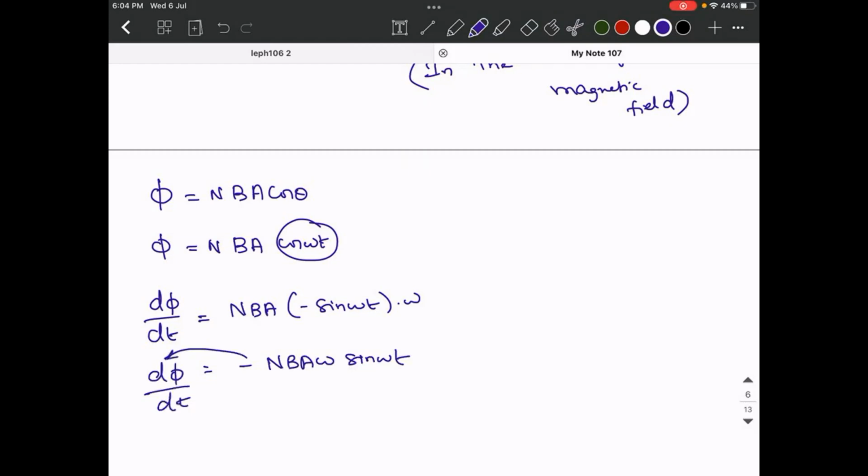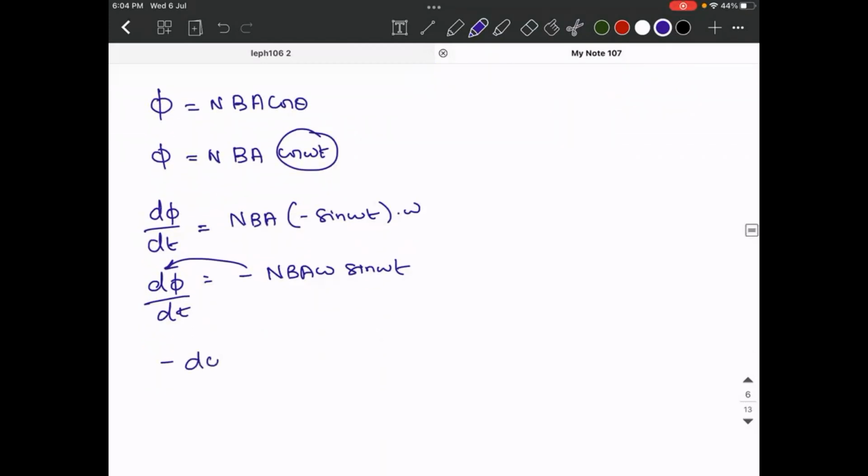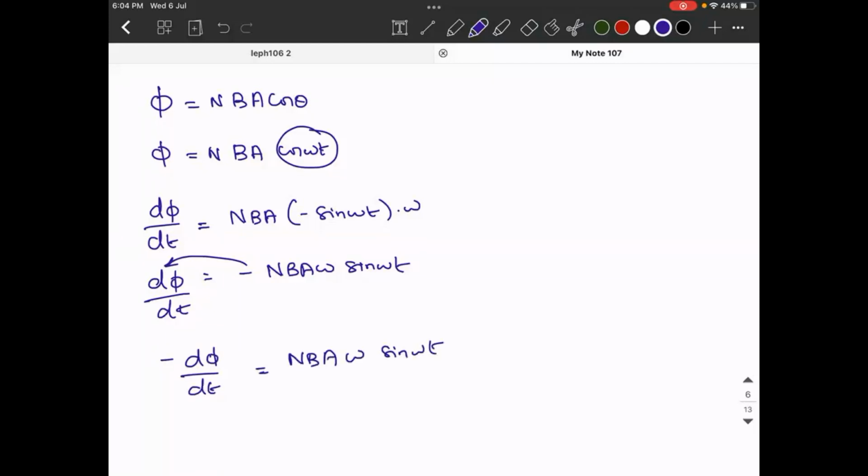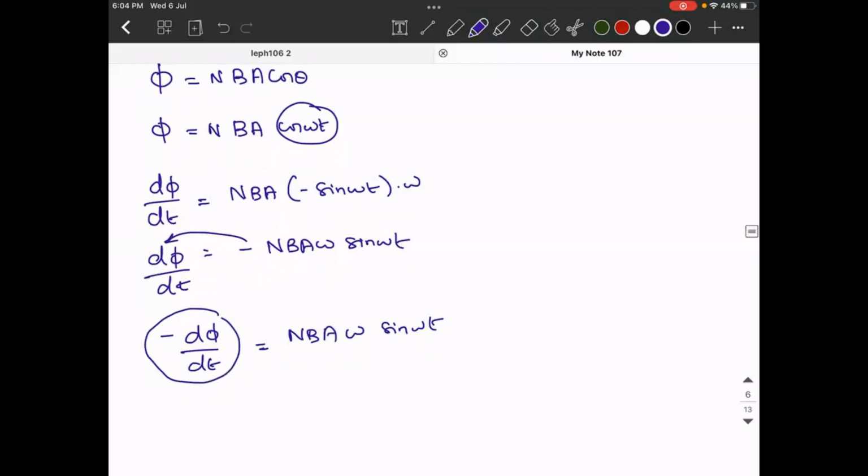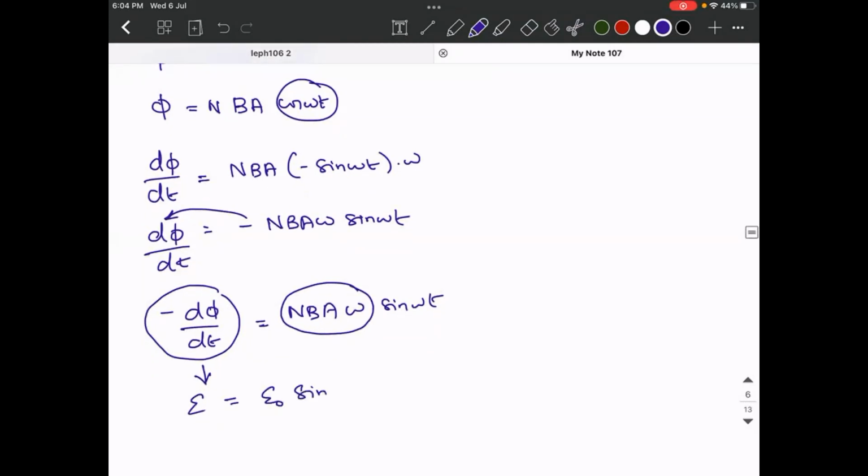The minus sign can come this side. So minus d phi by dt will be equal to NBA omega sin omega t. This minus d phi by dt is what is called the EMF according to Faraday's law. And this NBA omega is called E naught, into sine of omega t.